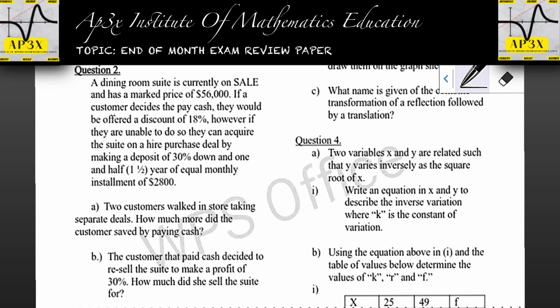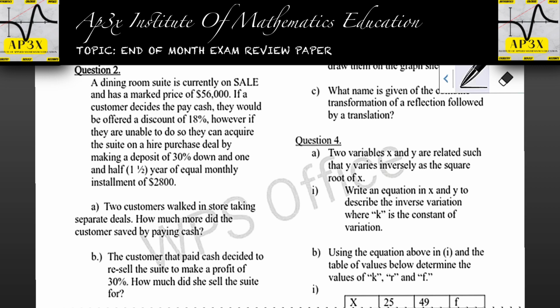If a customer decides to pay cash, they would be offered a discount of 18%. However, if they are unable to do so, they can acquire the suite on a hire purchase deal by making a deposit of 30% down and 1.5 years of equal monthly installments of $2,800.